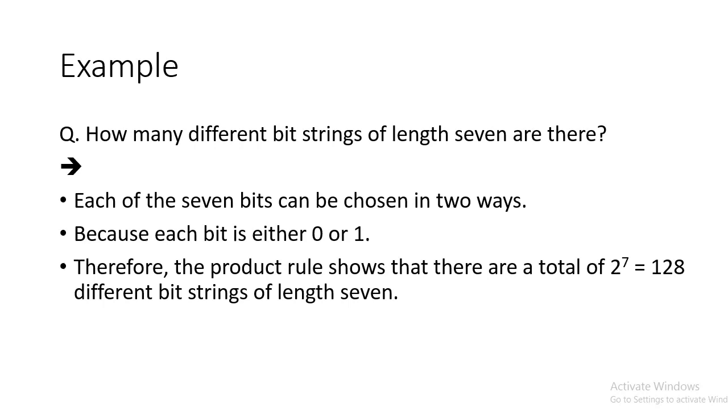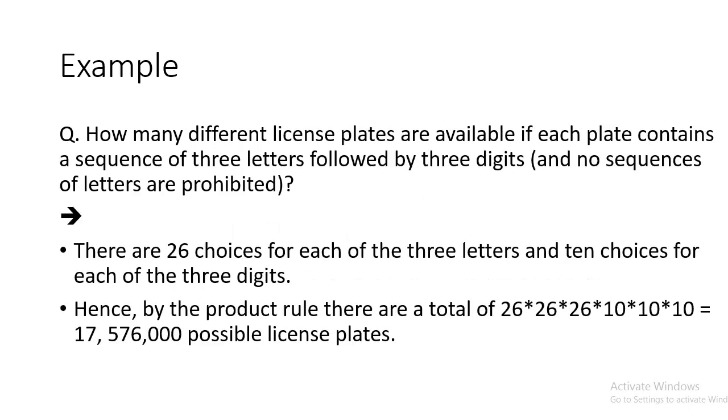Next, how many different license plates are available if each plate contains a sequence of 3 letters followed by 3 digits, and no sequences of letters are prohibited? What we want to find out is how many different license plates are available.